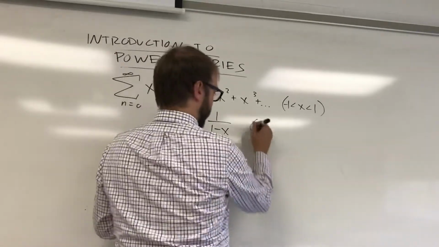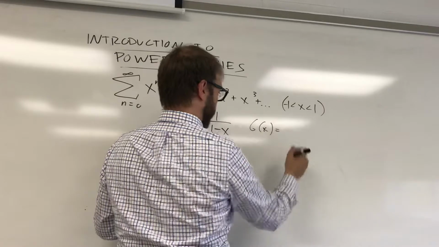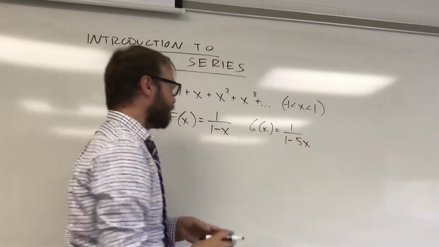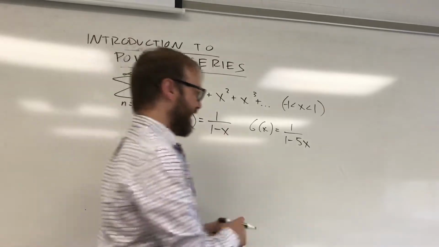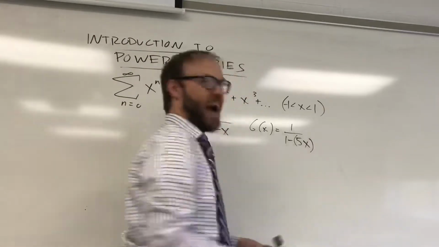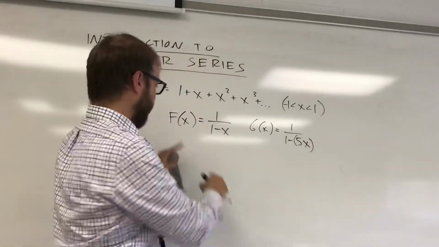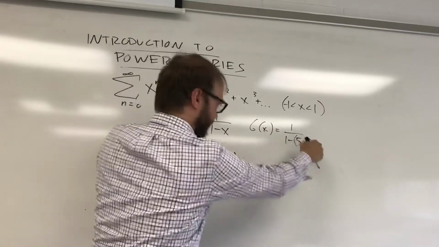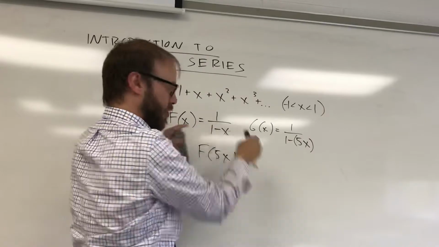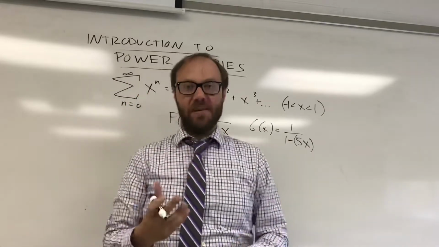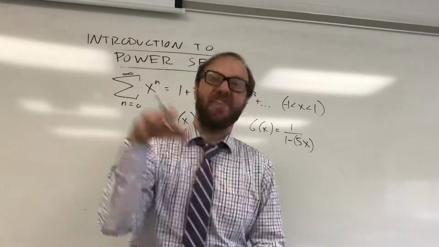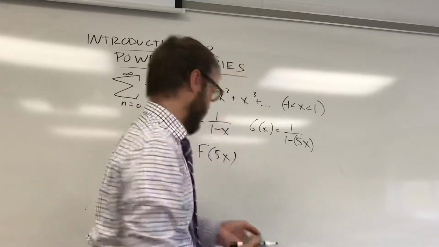So if I wanted to model the function g of x equals 1 over 1 minus 5x, I'm replacing the x with a 5x, okay? I'm really taking f of 5x. I'm inputting a 5x in place of the input there, okay? That's a little bit different, okay? We're not just multiplying each term by 5x. We're putting 5x into the function, okay?